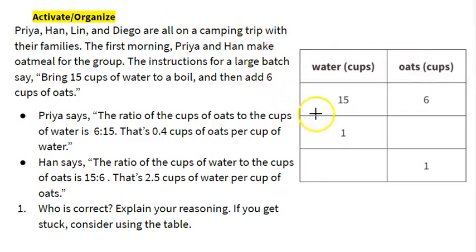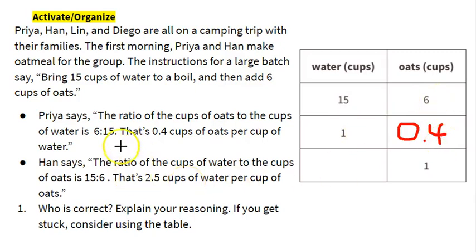Well, let's find out. So to go from 15 down to 1, we have to divide by 15, right? So Priya said that there's 4/10 cups of oats per cup of water. So she divided 6 by 15 and got 4/10.